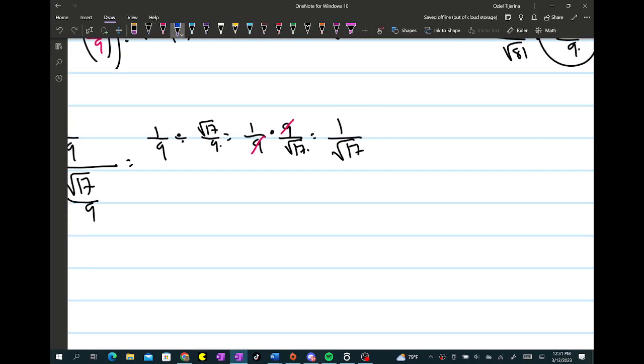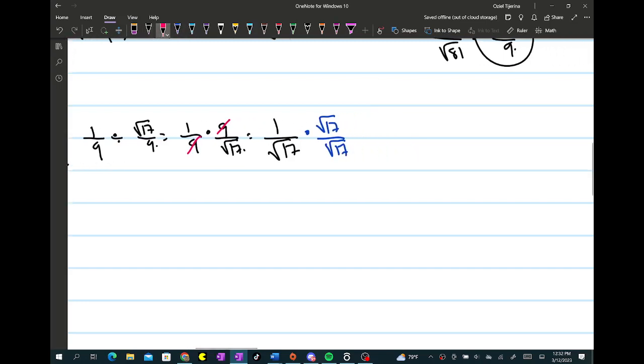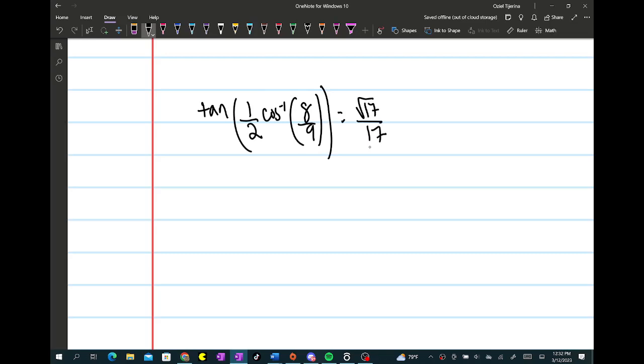And finally, we just rationalize it: square root of 17 over square root of 17 on top and bottom. We're left with the square root of 17 over 17. And that, guys, is the final answer to this problem. Of course, working it out myself, it took me way longer than this because I was literally trying to figure out how to do it, because it was definitely a challenge problem for me.